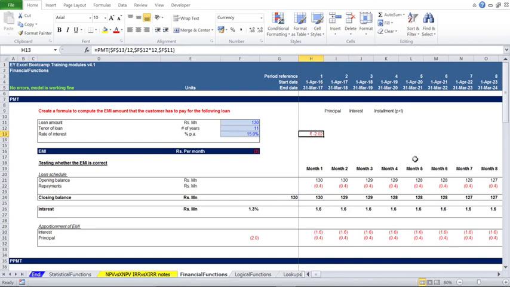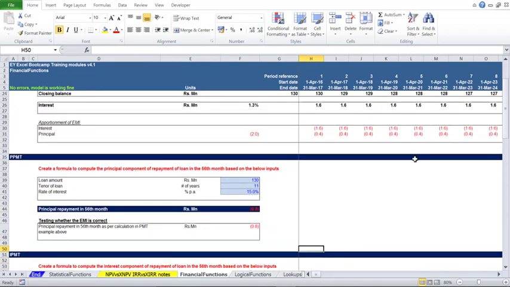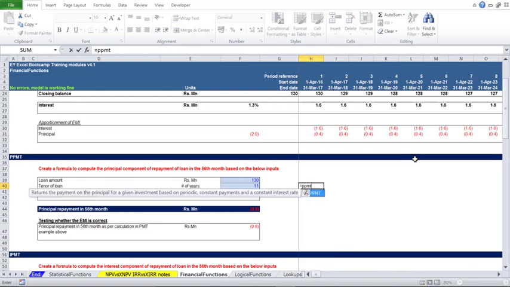Now let's continue with this example and understand what the principal repayment each year would be in this example. For calculating the principal repayment, we use the PPMT function, which is PPMT. As you can see, it returns the payment on the principal for a given investment based on periodic constant payments and a constant interest rate.